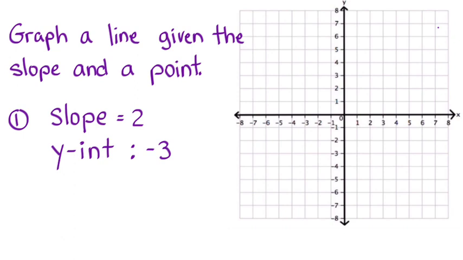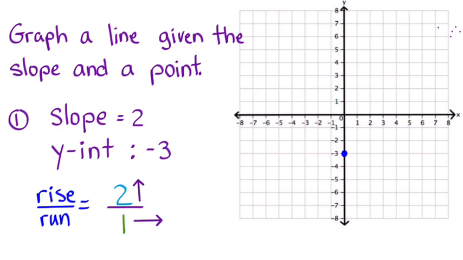I start with the y-intercept at -3, and then my slope is 2, which is also known as 2 over 1, because any whole number can be made into a fraction over 1. So I know I'll be rising 2 and running 1. So I go from my -3 and I go up 2 over 1, up 2 over 1, up 2 over 1, and I can even choose to go down 2 and over a -1 as well, right?